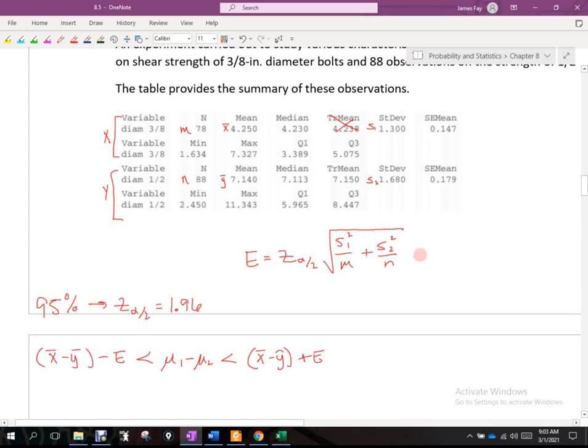Okay, so you guys said z sub alpha over 2, that's going to be a 1.96 value, right? Square root then, okay? The standard deviation is 1.3 for these bolts. Now just understand that, and this is basically because of this statistical package that generated this table, and I would argue that most are like this, that it produces the standard deviation.